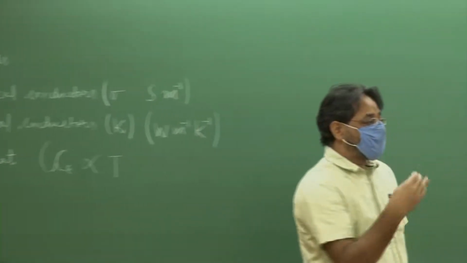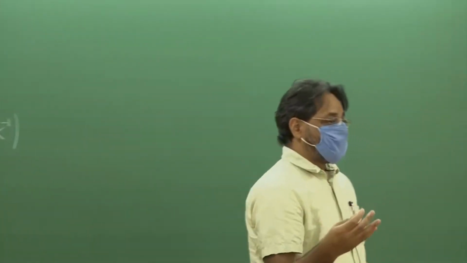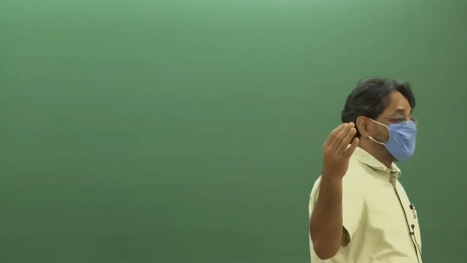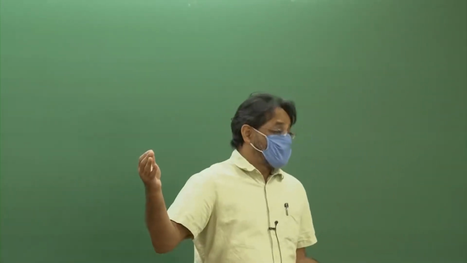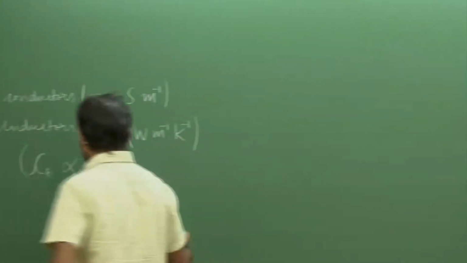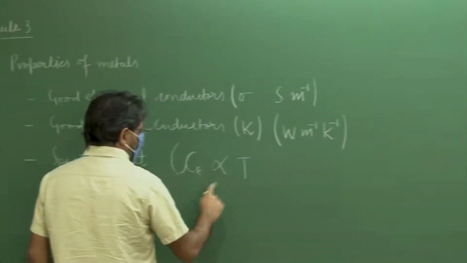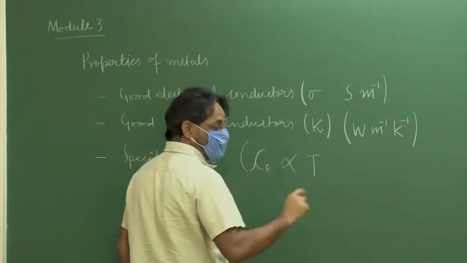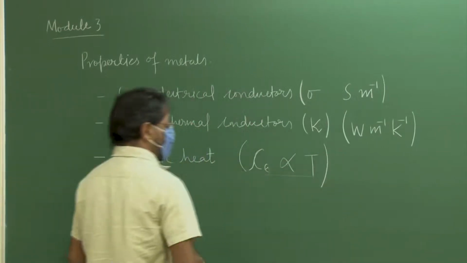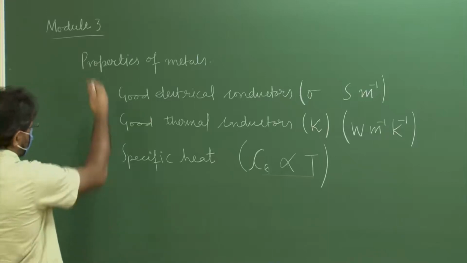Of course, theoretically, if you can think of a metal which does not melt at any temperature, then you would have to heat it to temperatures of the order of 10,000 Kelvin to reach the classical limit. In this case, it will be 3/2 R, because there is only one kind of degrees of freedom, there is no vibration. So this is a very puzzling result, and we have to understand this in the course of this module.